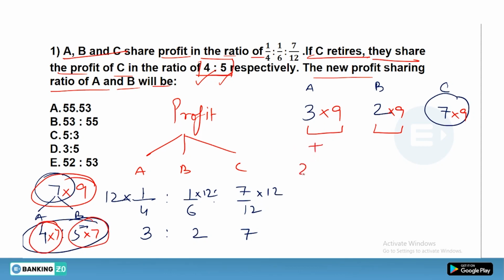That means A will get 28 more and B will get 35 more from the 63 parts. Hence 27 plus 28 will be 55, and 18 plus 35 will be 53. That means your ratio will be 55:53.